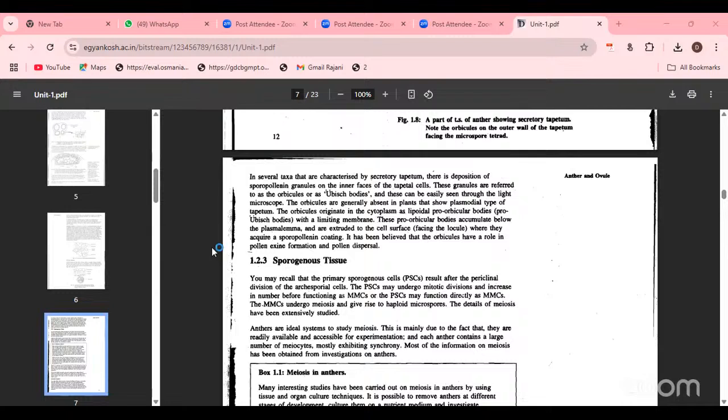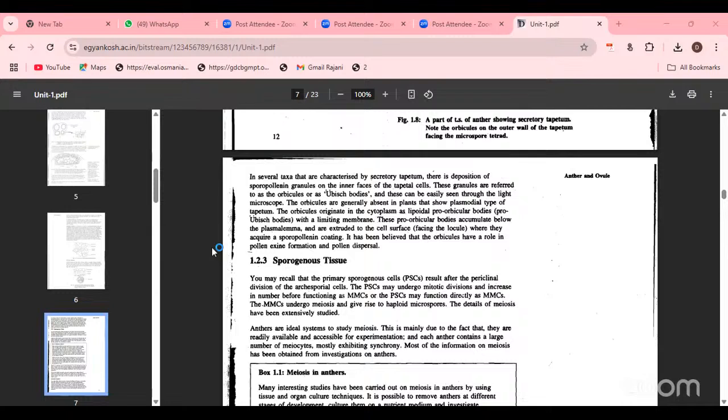Another tissue is called sporogenous tissue. The primary PPC is the primary parietal cell, and the second one is the primary sporogenous cell. Primary sporogenous cells result after the periclinal division of the archesporial cells.